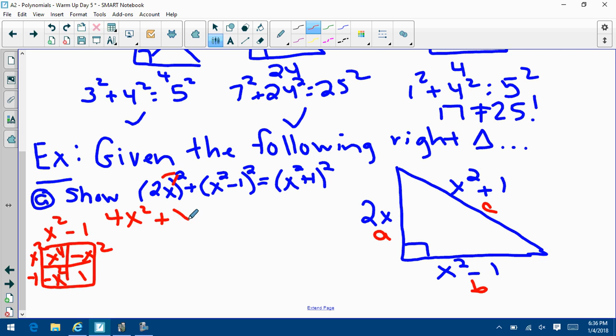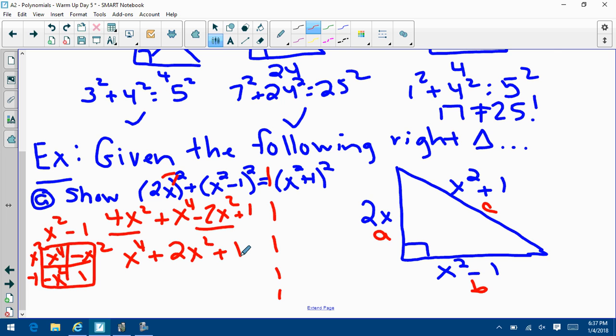So this is x to the 4th minus 2x squared plus 1. We can clean things up a little bit. We've got a 4x squared and a negative 2x squared. So this becomes x to the 4th plus 2x squared plus 1.